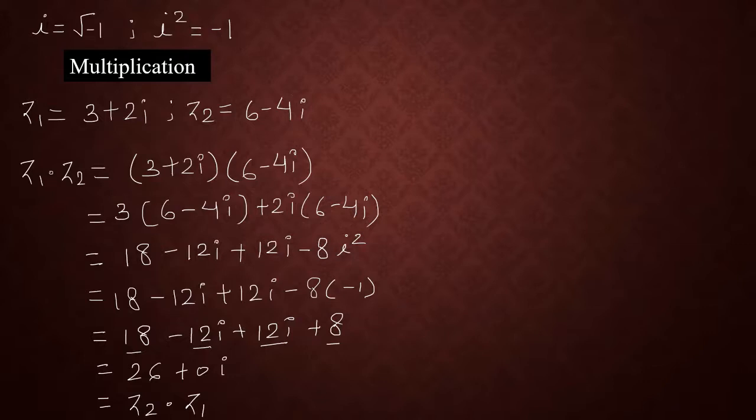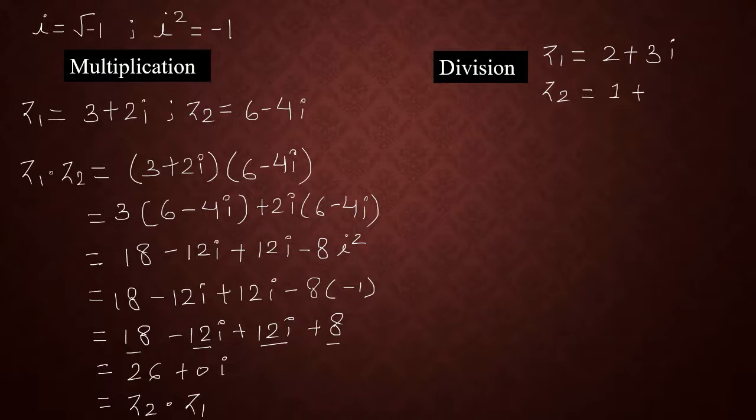Understand one more, that is division, the last basic operation, and for division we are using the conjugate. So let's say we have two numbers, Z1 is 2 plus 3i and Z2 is 1 plus 1i. So let's divide them.